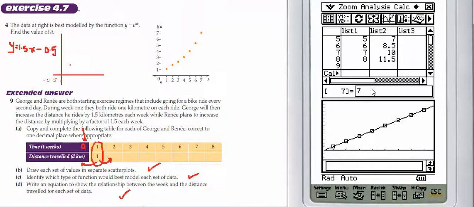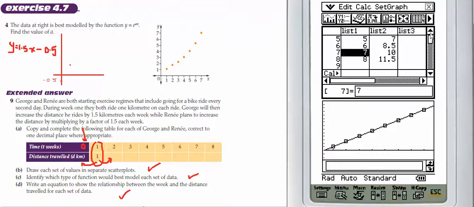Okay, what about Renee? I'm going to use list 3 for Renee. Renee also has 1 in week 1, but she increases by a magnitude or a factor, a multiplier of 1.5. So 1 times 1.5 will be week 2, and week 3 will be 1.5 times 1.5, and week 4 will be 2.25 times 1.5.